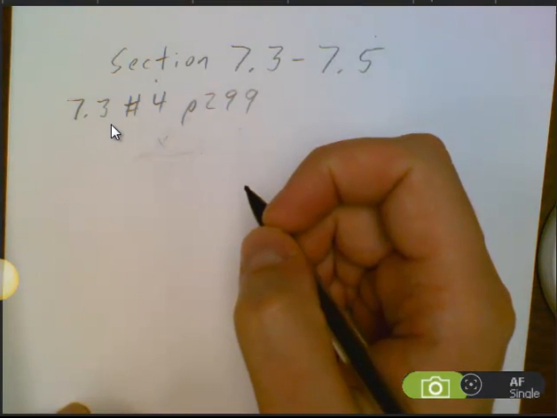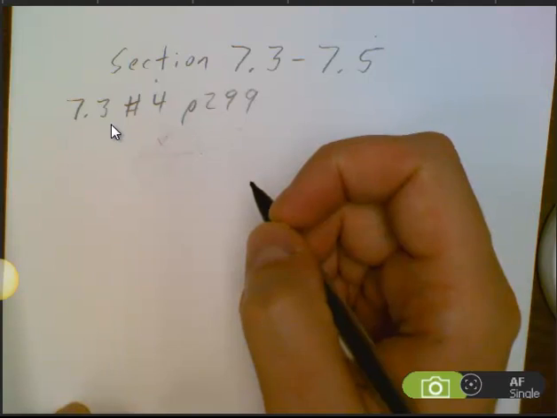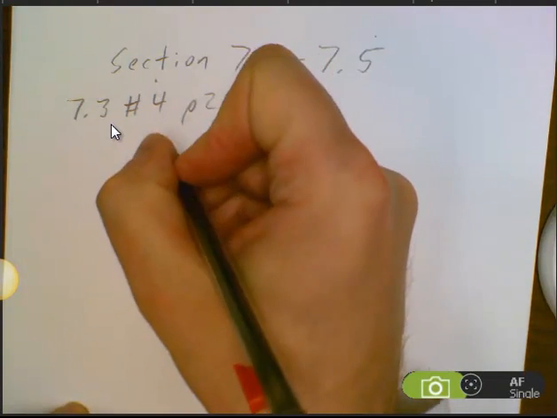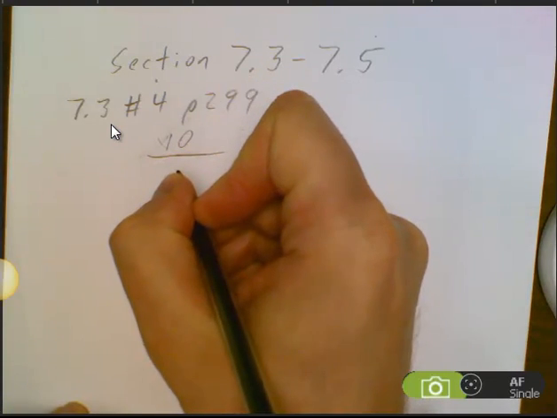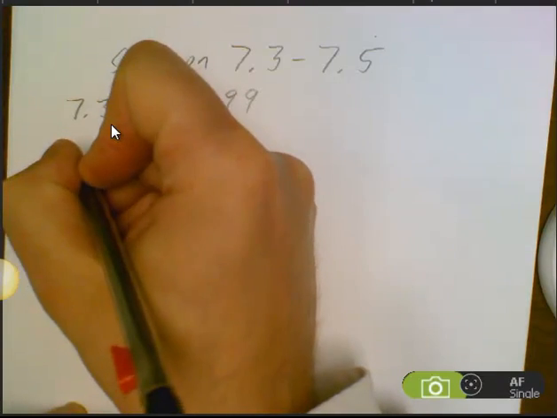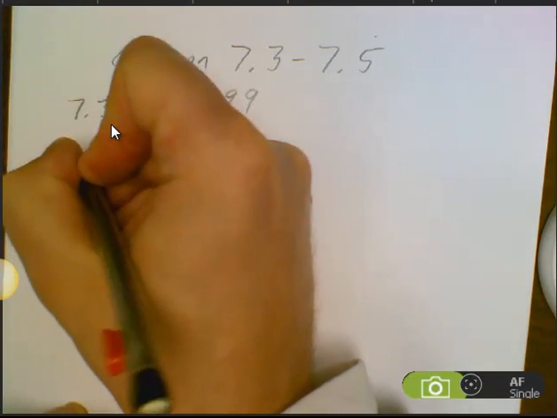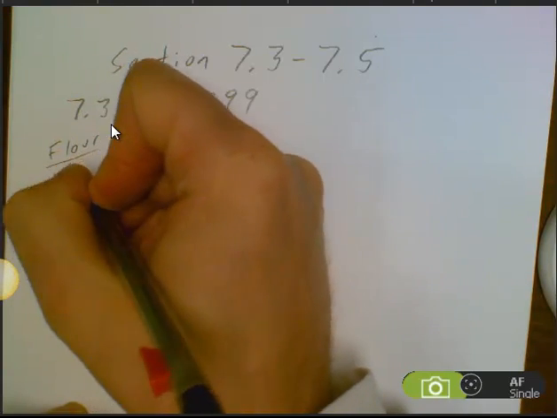So how much water should we use? It says 10 cups of flour. So in our new one, we'd want 10 cups of flour over, if we're doing flour over water, so let me make a little note of that. Flour over water.